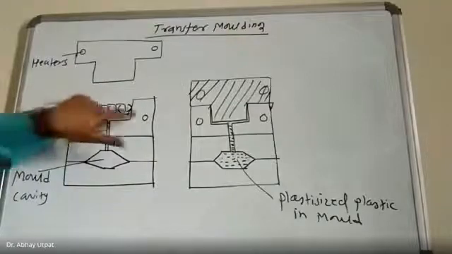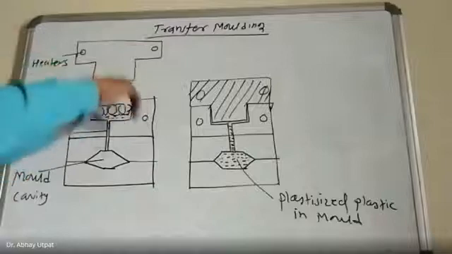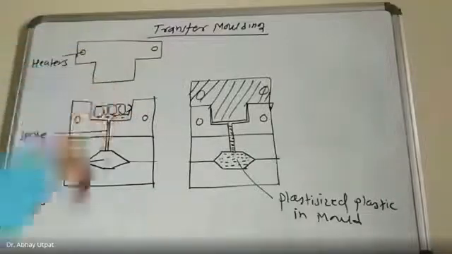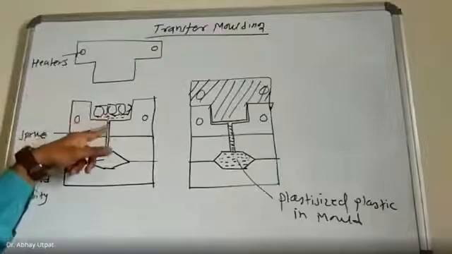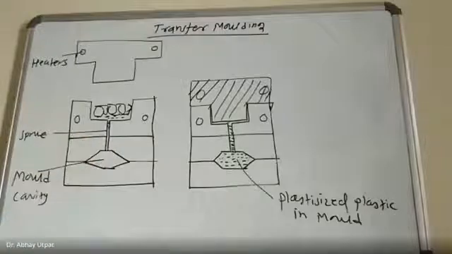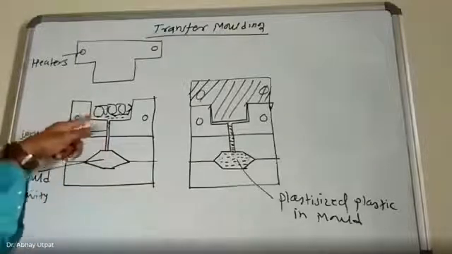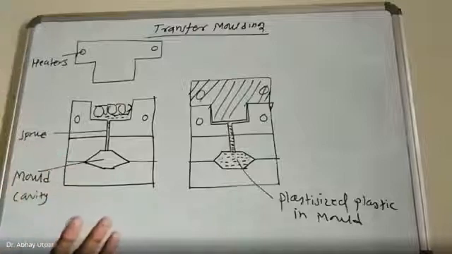These are the heating arrangements, so heaters are also provided there. When it starts pressing, it will plasticize and start flowing through the bottom side, wherever the screw arrangement is made.